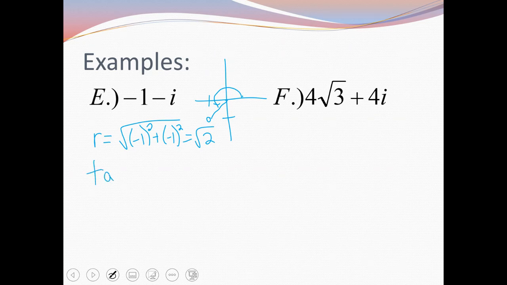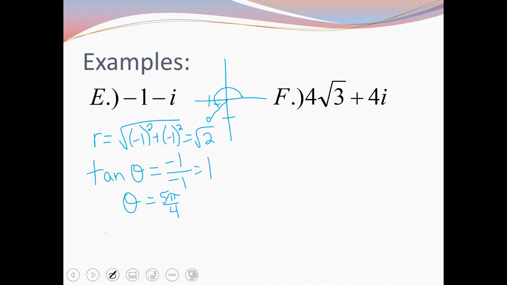To do tangent, to find what's called the argument, you would do -1 over -1, which is 1. Where does the tangent equal 1? Well, in the third quadrant, the tangent equals 1 at 5 pi over 4. I know some of you have been using your calculator, so if you were to do that, you would probably get an angle like 45 degrees, but you have to get your angle in the correct quadrant in order for this to be true.